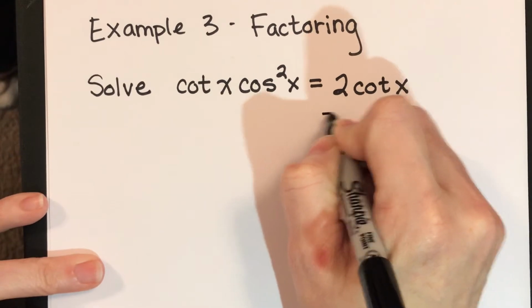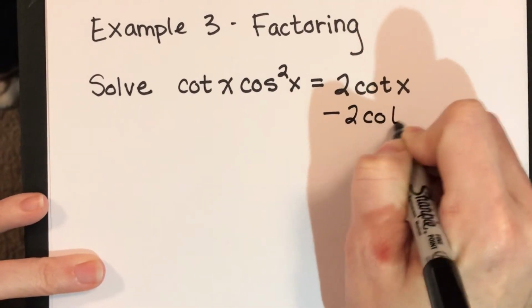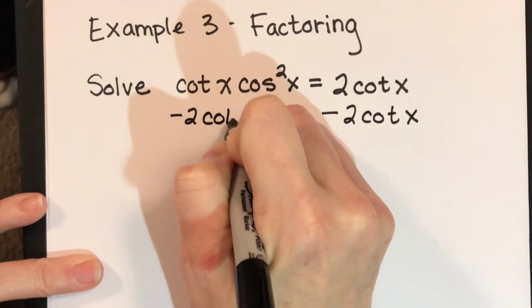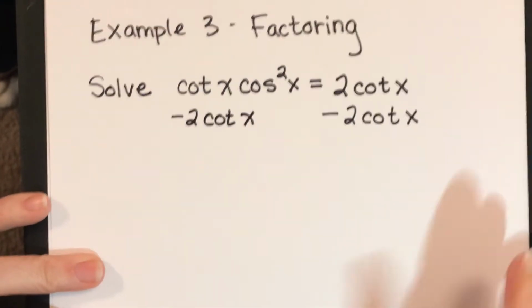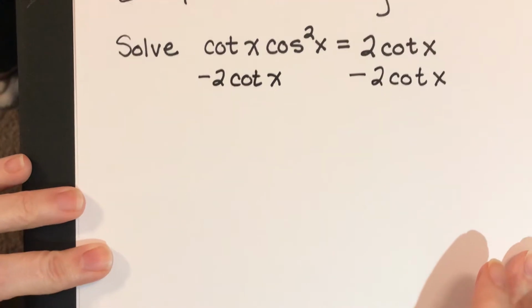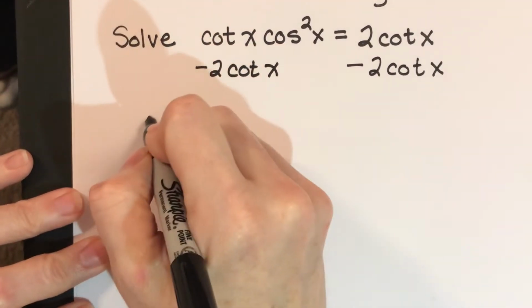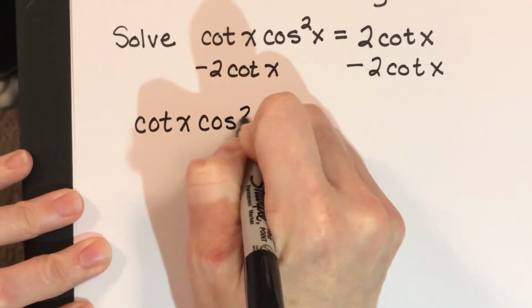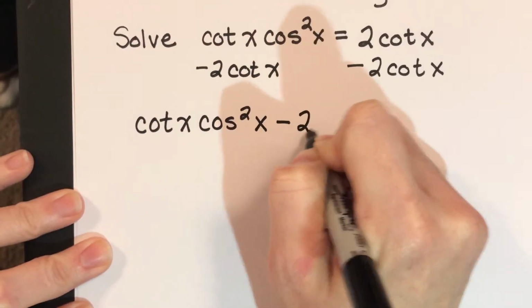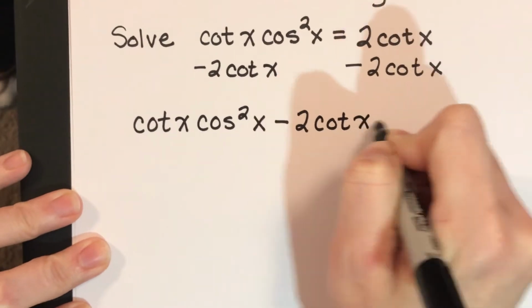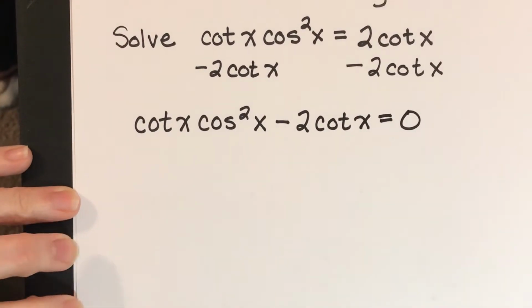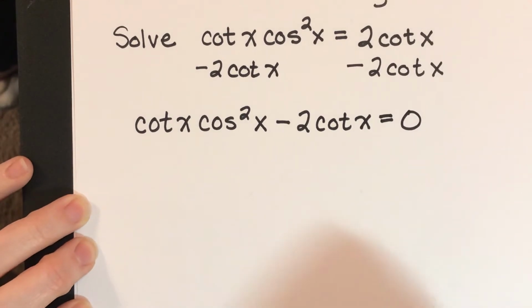So we're going to subtract 2 cotangent x from both sides. And now we have cotangent x cosine squared x minus 2 cotangent x equals 0. So now we start factoring.